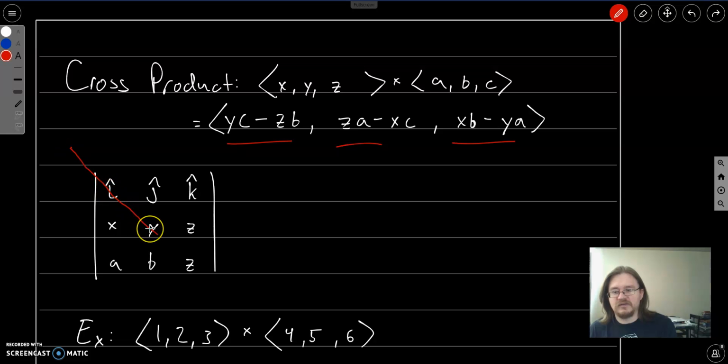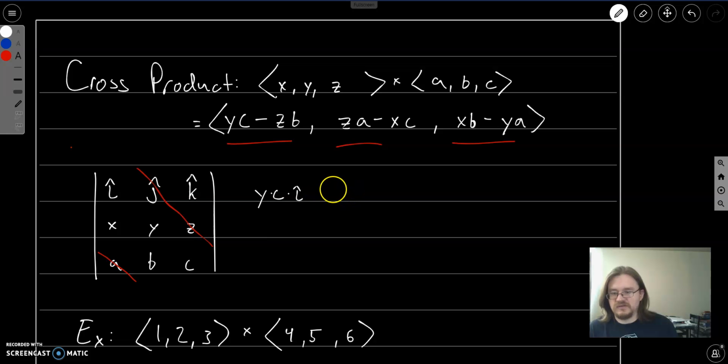i, y, and z. So, oops, that should be a c. So this is going to be y times c times i. And then we'll do the next one. j times z, skipping back over, times a.